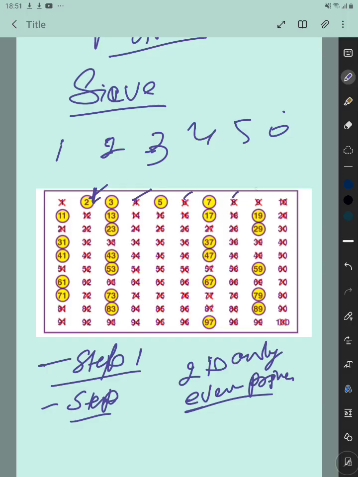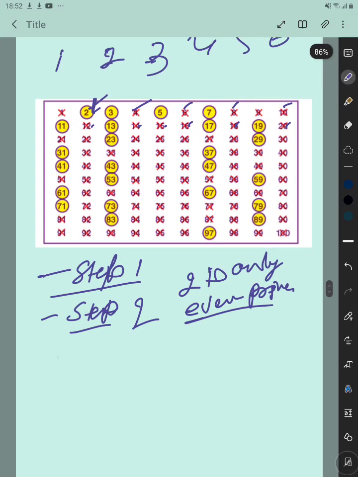Similarly 6, then 8, 10, 12, 14, 16, 18, 20, and so on. We will cross out all numbers that can be divided by 2, meaning even numbers. These are composite numbers, not prime numbers, so we have crossed them out. This was step 2.